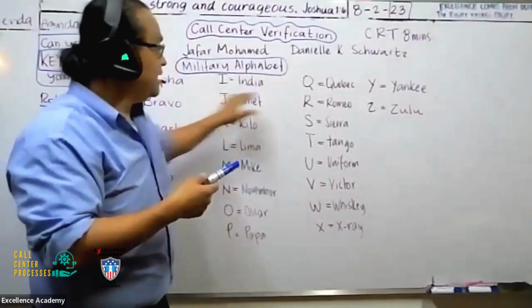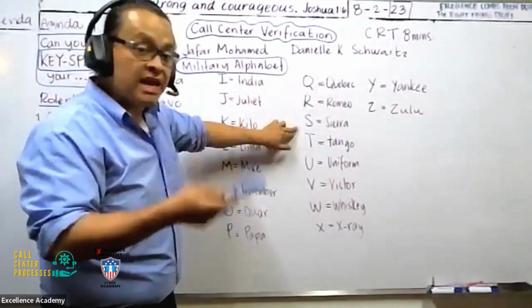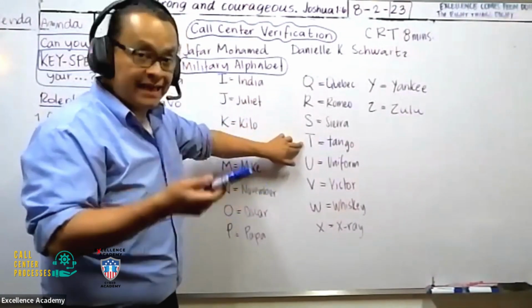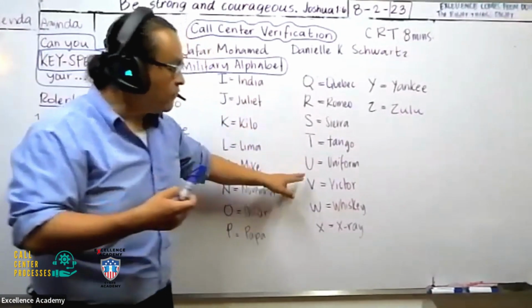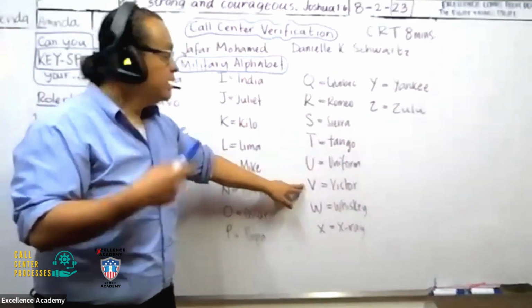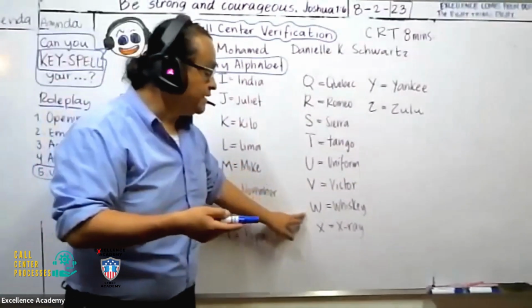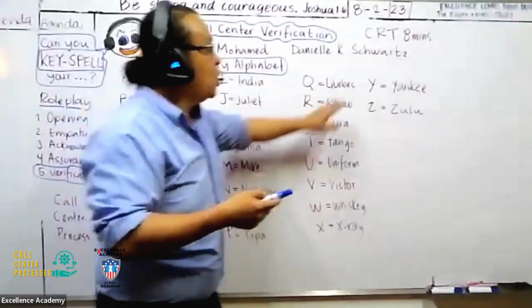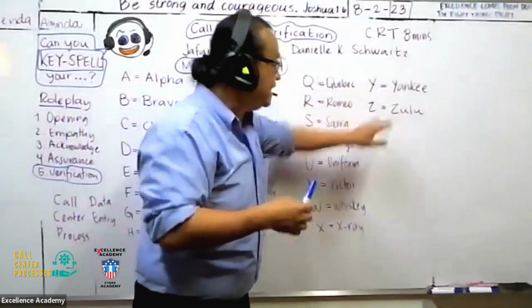Look, we got Juliet and Romeo. S for Sierra, T for Tango, like the dance, U for Uniform, V for Victor, like the name, W for Whiskey, X for X-ray, Y for Yankee, and Z for Zulu.